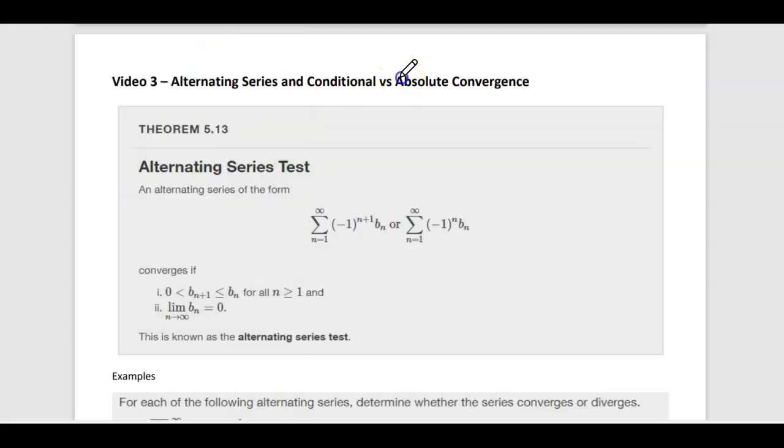All right, the alternating series test also gives us a little bit about what is conditional and absolute convergence. So the alternating series test says that if you have some series with an alternating component, where b sub n is decreasing, right?